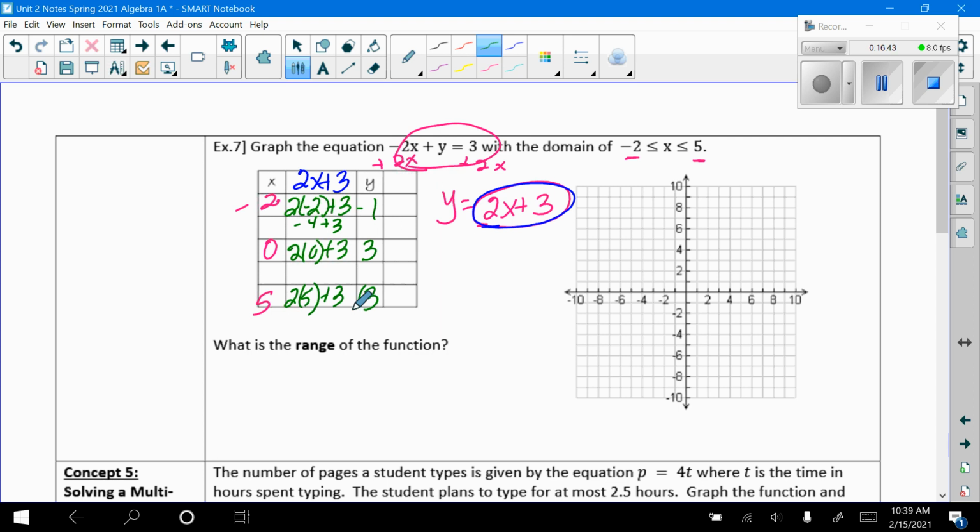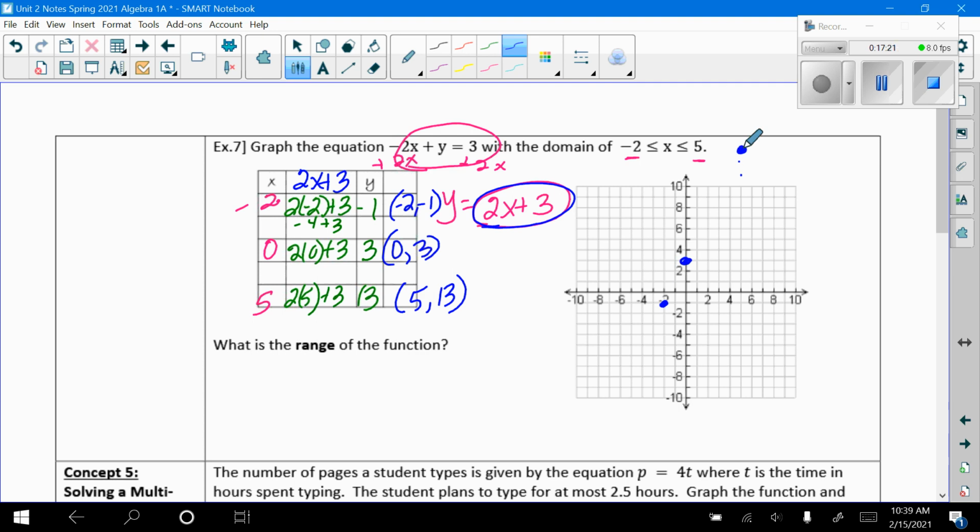Since I have the bottom and the top of my x for my domain, we'll look at our range in just a minute. So my points are (-2, -1), (0, 3), and (5, 13). There's 10, 11, 12, 13, so up here.